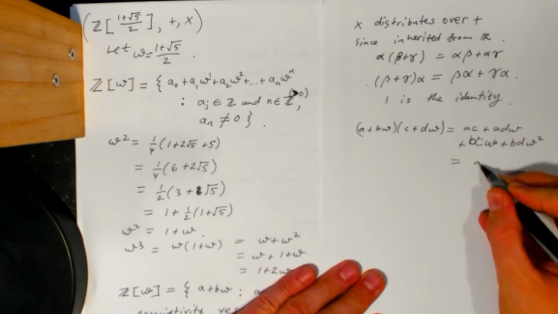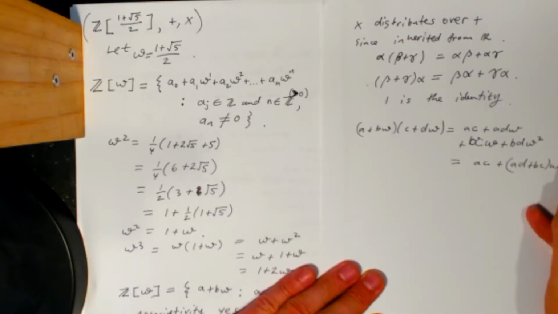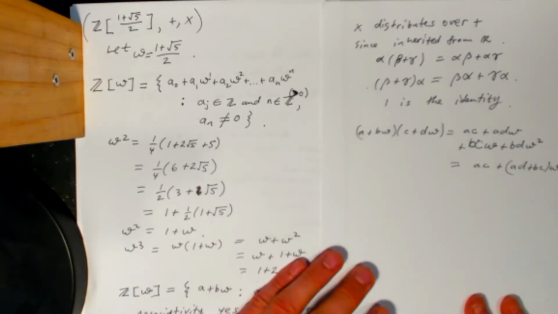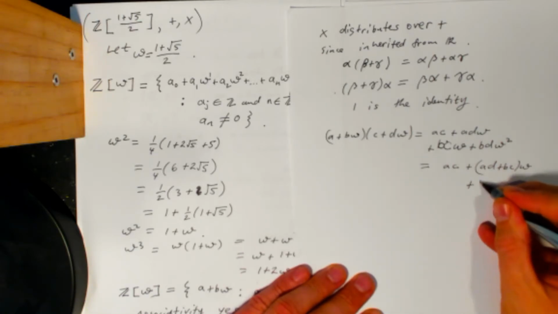We have AC so far, then AD plus BC outside of omega, and then plus BD omega squared.